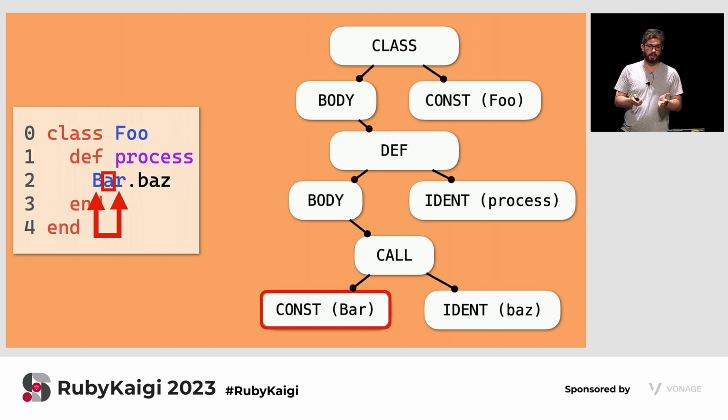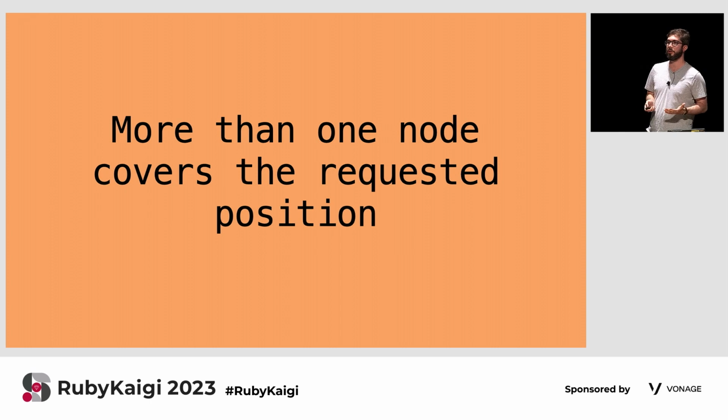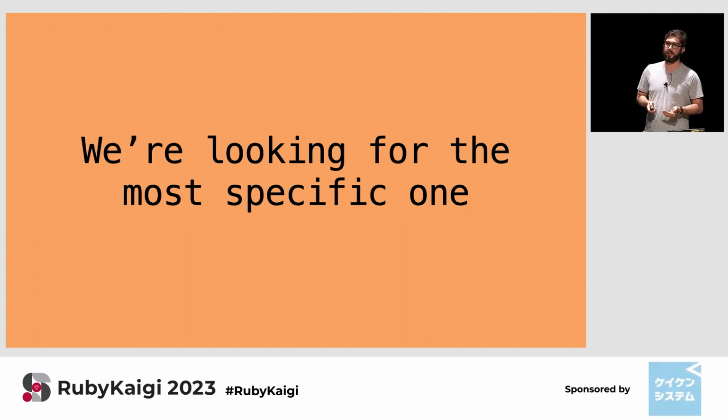The range in the source for the bar constant is much, much smaller than it is for the class node. So more than one node are going to cover the requested position. What we're interested in is the most specific node in the AST that still covers the position that was requested by the user.